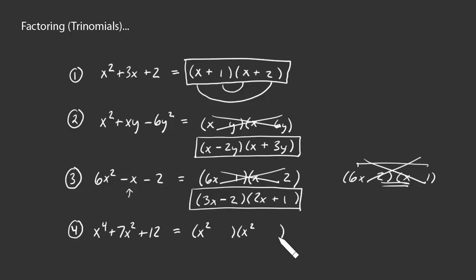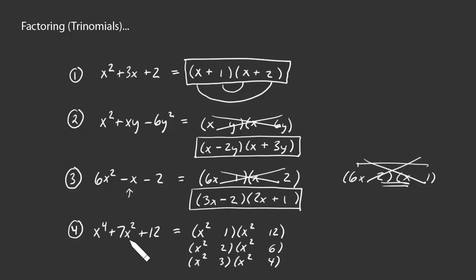The last terms, remember, have to multiply together to give you 12. Here we have several possibilities. We could use a 1 and a 12. We could use a 2 and a 6. We could use a 3 and a 4. Okay?